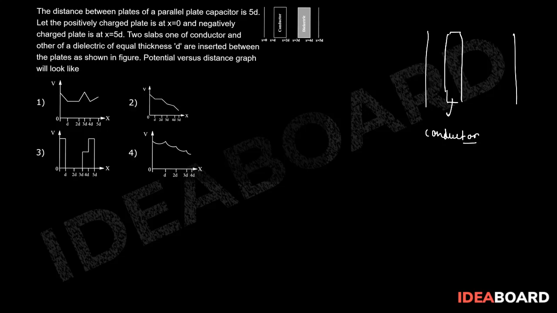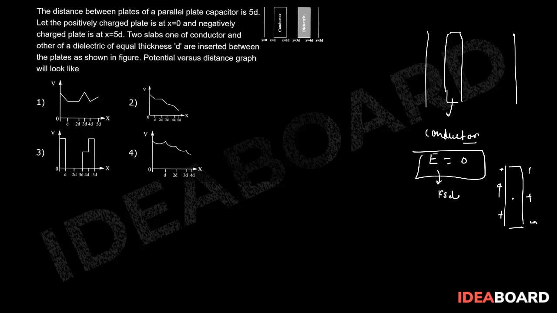So one thing you are very clear on: when there is a conductor, all charges in a conductor will be on the surface, right? So inside the conductor there will be no charge. So if there is no charge, we can clearly say that the electric field will be 0 inside the conductor, correct?